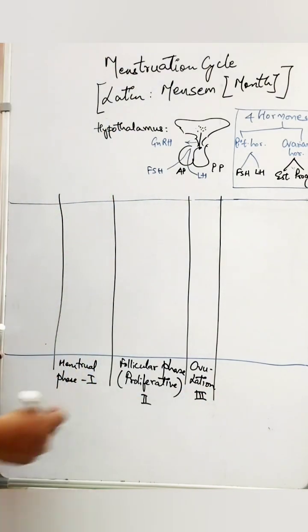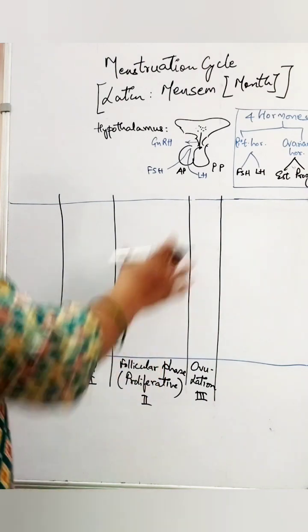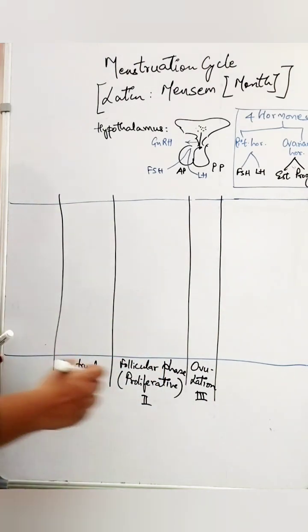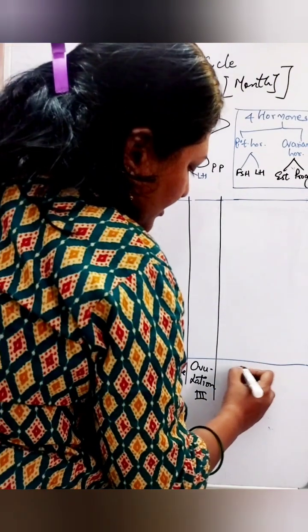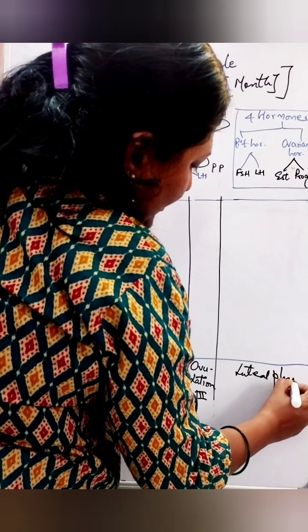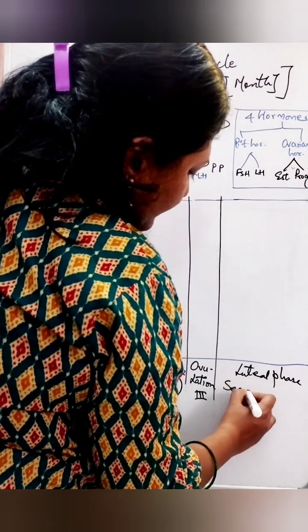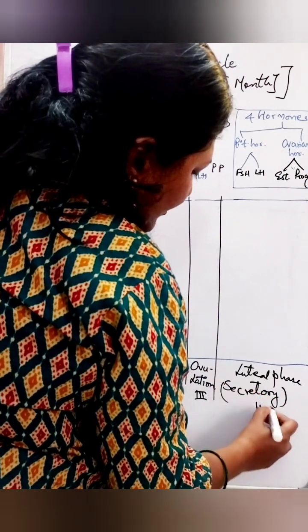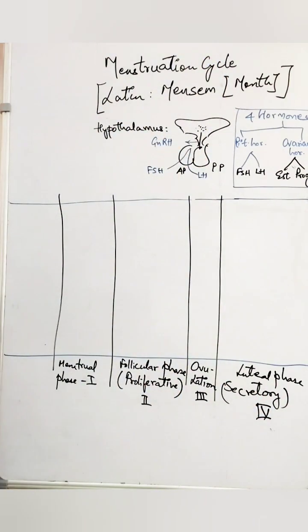Many books have clubbed the follicular and ovulation phases together, but we have to make them distinct for understanding. It is very important. And the last one is the luteal phase, or it is also called the secretory phase. This is phase number 4, after which the cycle again begins.